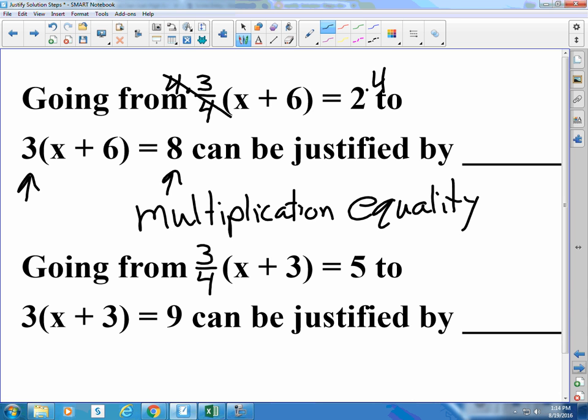Okay, so on the next one down, how did they get from 3/4 of the quantity x plus 3 equals 5 to 3 times x plus 3 equals 9? Well, if I were to multiply both sides by 4, 5 times 4 is 20, so they must have done 5 plus 4. So this one cannot be justified. They've made a mistake.